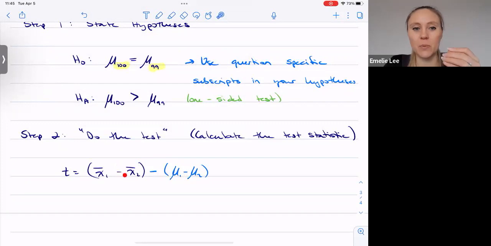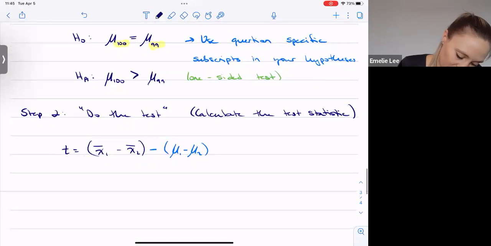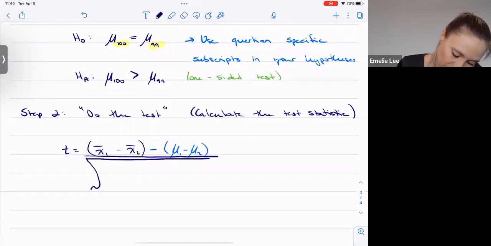How far is my point estimate from my hypothesized value? But this hypothesized value is 0, so it goes away. And so usually we don't even write it out. I just wanted to write it out one more time. Over the square root of s1 squared over n1 plus s2 squared over n2.